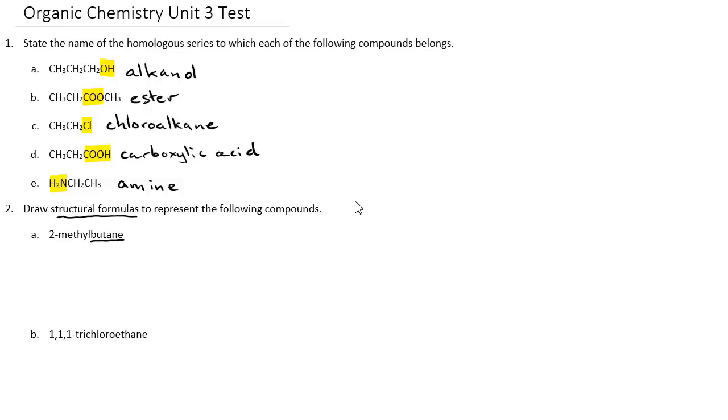We know that butane contains 4 carbons. So generally we draw them zigzag to show that there's minimal bonding strain between each of the atoms. And on the second carbon, which is this one, or could possibly be this one, depending on whether you count left to right or right to left, I'll just put it here.